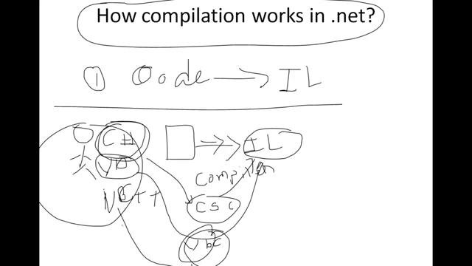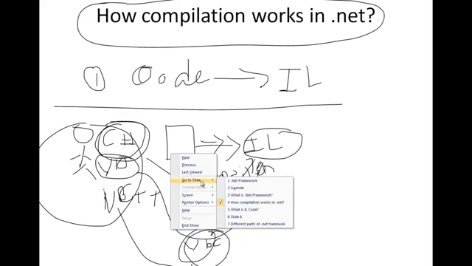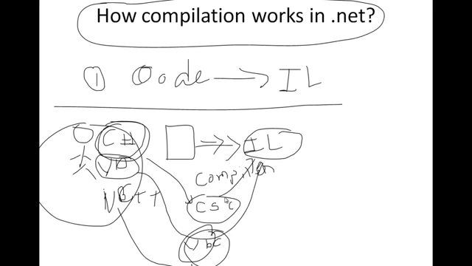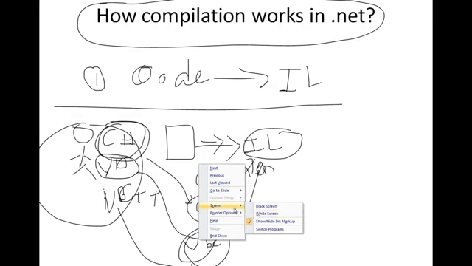Every .NET language has its own compiler which compiles the code and converts it into the IL code.